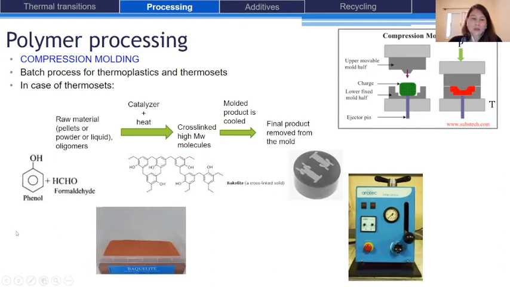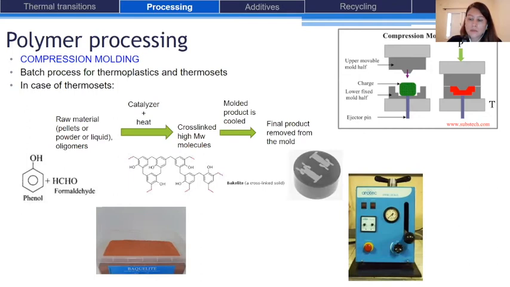And you will see that in this process, we start with the raw material, which is composed of two monomers, phenol and formaldehyde. We add a catalyzer, and we place it in the lower part of the mold. After that, we apply heat and pressure in order to permit this resin to fulfill the mold and get the adequate shape.